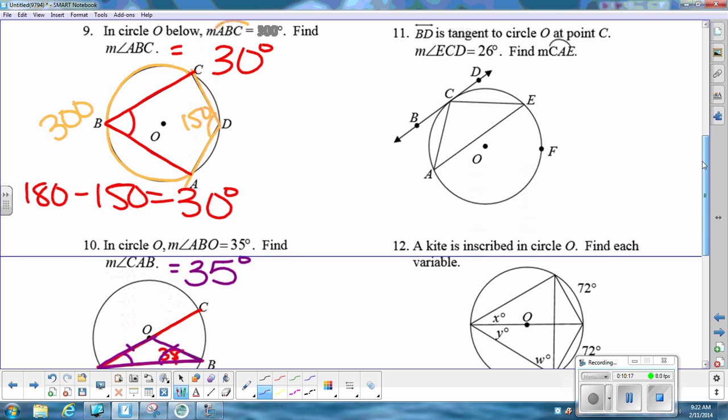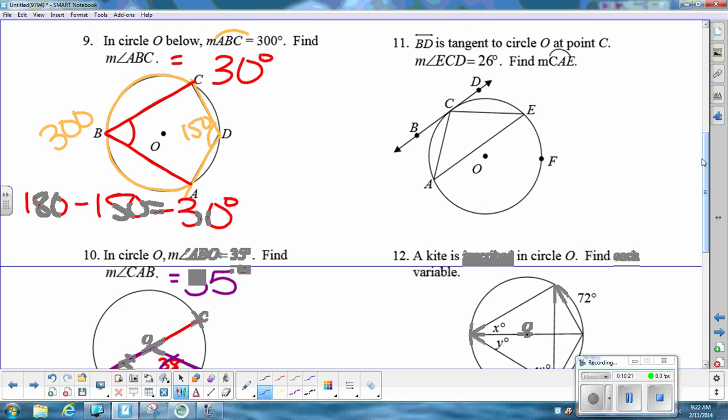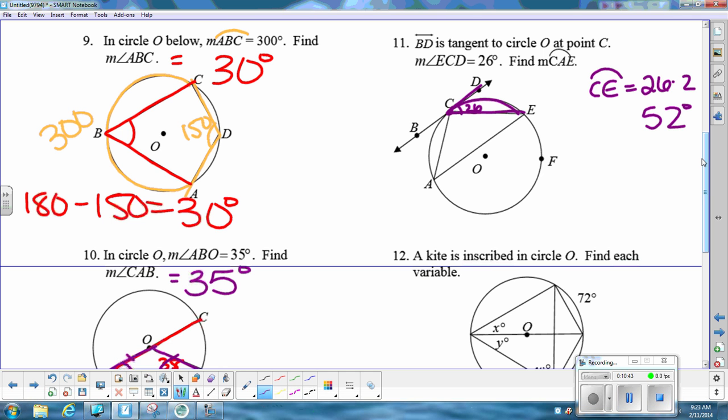Number 11, we have BD is tangent to circle O at point C. So that means the line hits the circle at point C. We know that ECD, angle ECD right here, is 26 degrees. Well, this is an inscribed angle, so that means that arc CE has a measure of 26 times 2, which is 52 degrees.